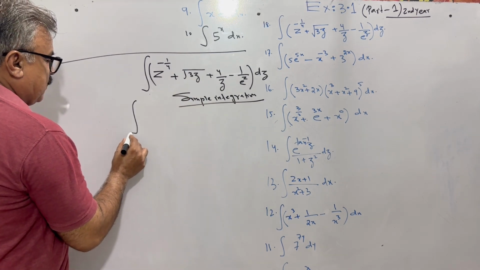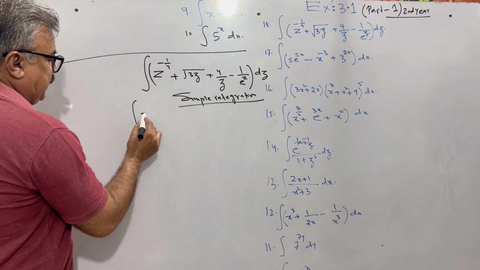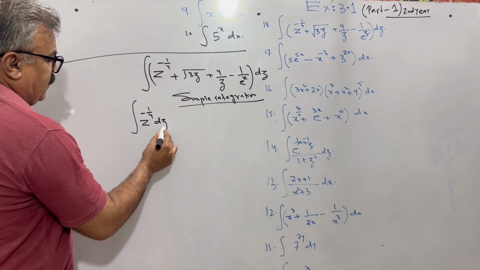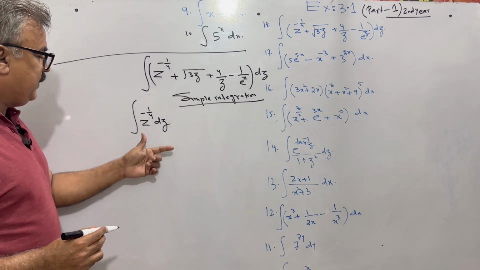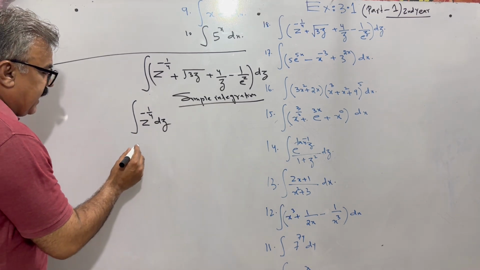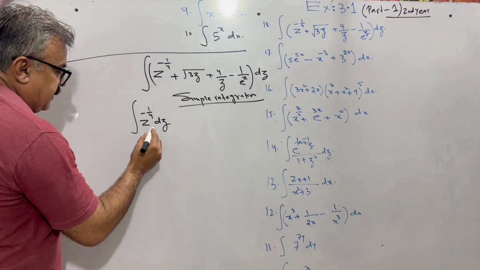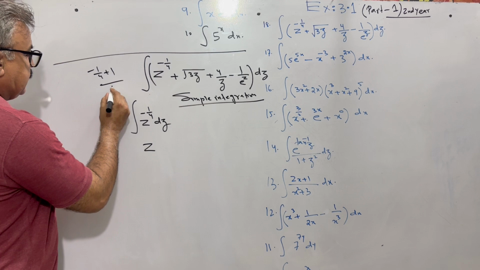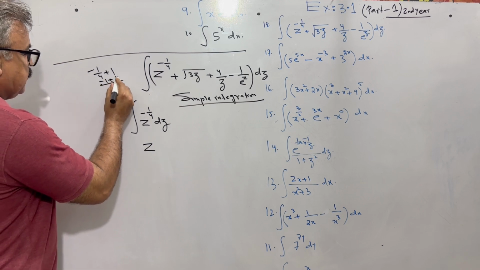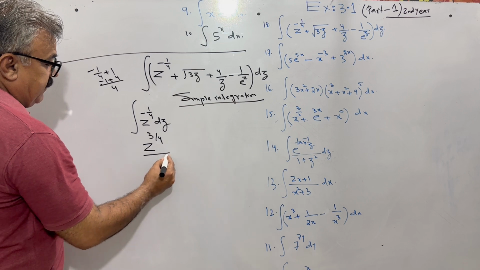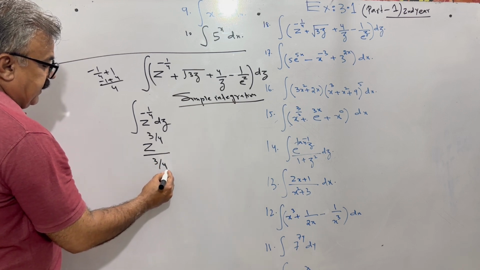Just multiply throughout by the integral and dz. Z raised minus 1 over 4 dz is simple integration. Add 1 to the power, dividing by the same. If we add 1 to the power, taking LCM, it becomes minus 1 plus 4 over 4, which is z raised 3 over 4, dividing by the same.